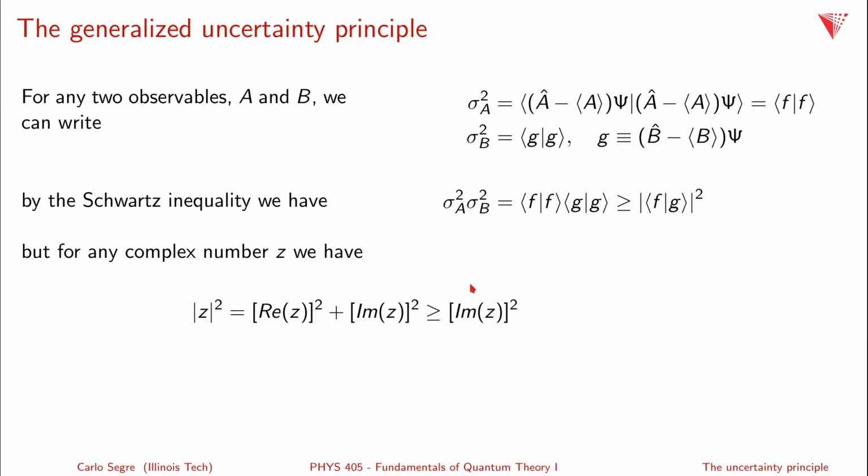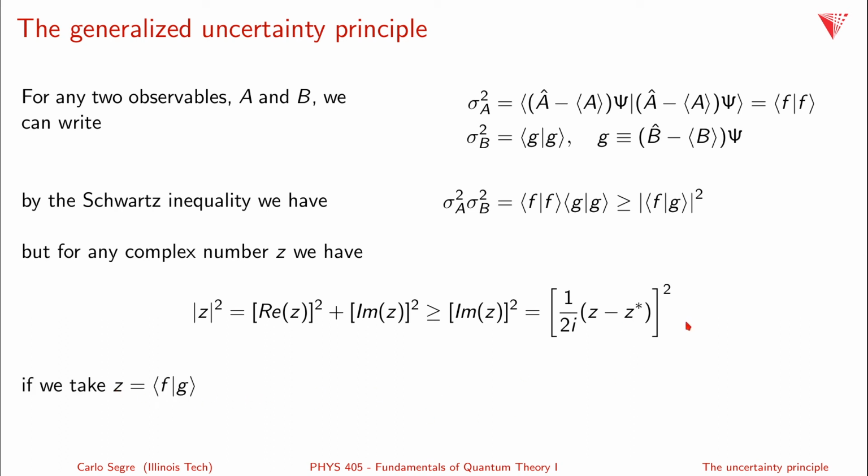But the imaginary part of z quantity squared is really simple to write down. It's just z minus the complex conjugate of z, divided by 2i quantity squared, so that's just the imaginary part squared, pardon me.